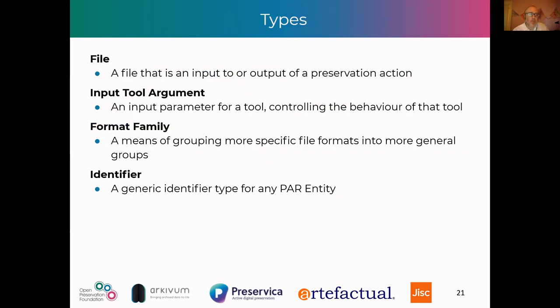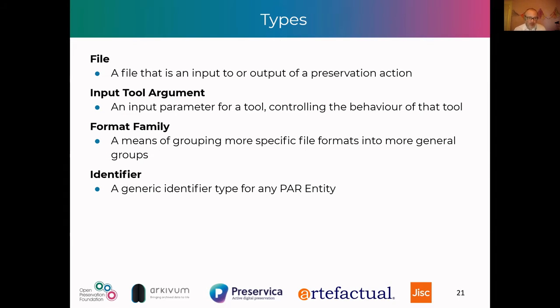And then I mentioned at the beginning, we have these helper concepts, fundamentally a file, which is very rudimentarily defined in PAR, just as a digital object that you could have as an input or an output from a preservation action. And then, input tool arguments are the parameters that you would pass to whatever tool you're running.